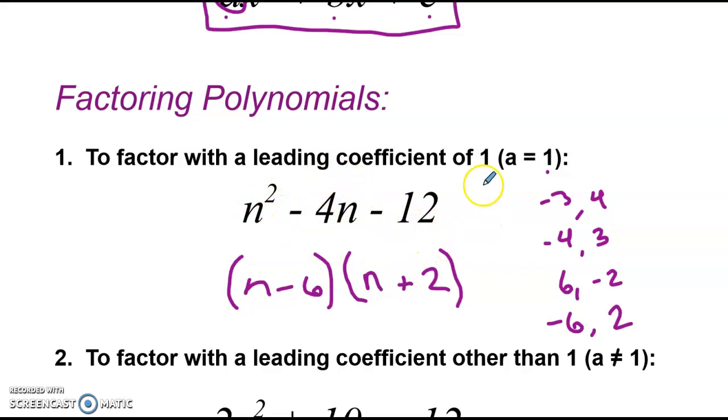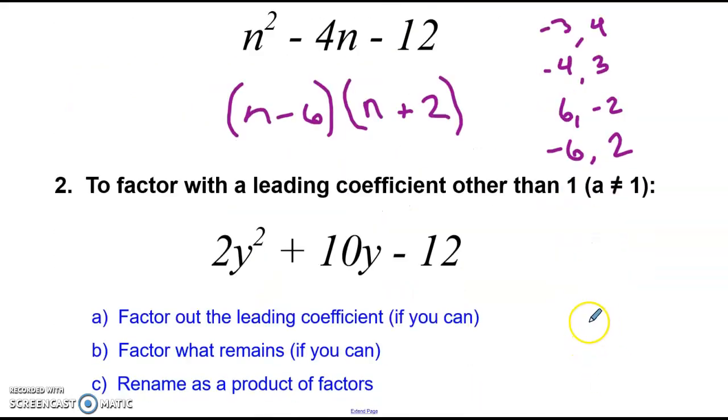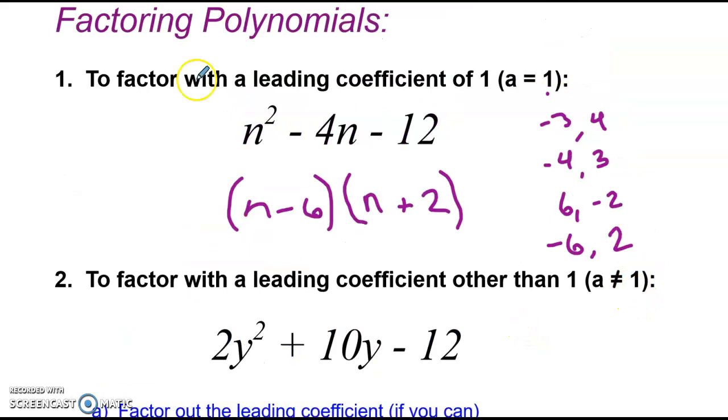Now, for today, we're still going to keep this pretty simple. Factoring can get pretty complicated whenever the leading coefficient is something other than 1. So whenever you're asked to factor, the first box you need to check off is always, okay, what's the leading coefficient? Because if the leading coefficient is positive 1, well then we just go right back to what we did yesterday. That becomes a much simpler process.